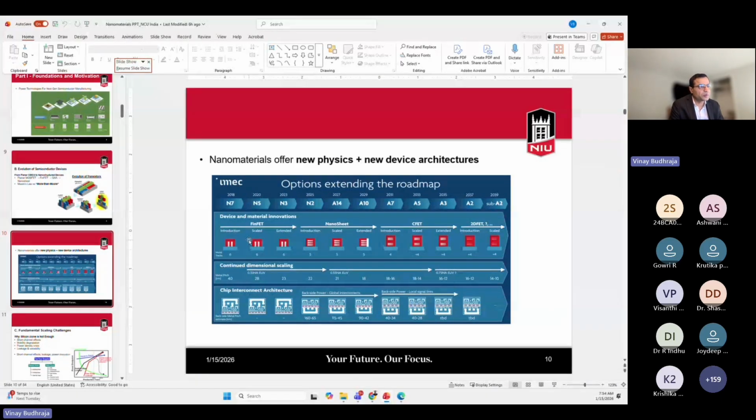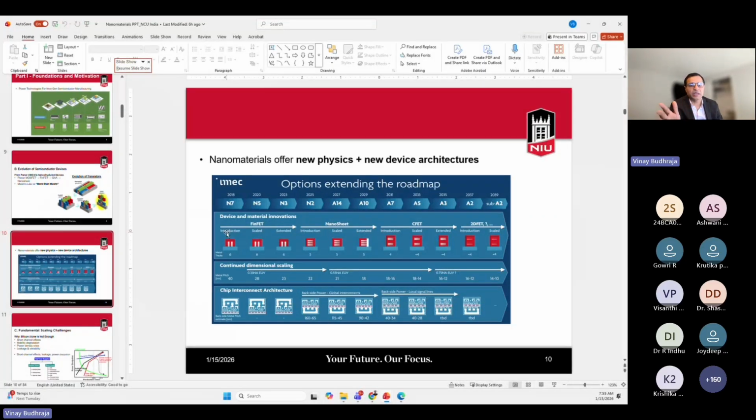And this is the prediction, and this figure is being used at many places. Now it's getting very popular, and this tells about the prediction up to 2039. If we talk about the FinFET, it's not new.